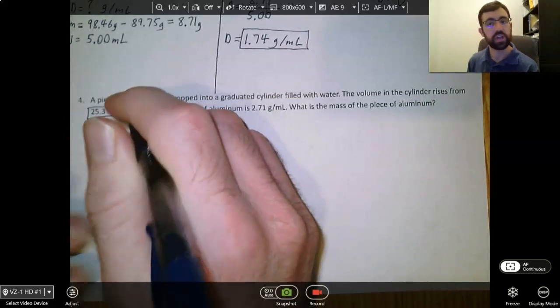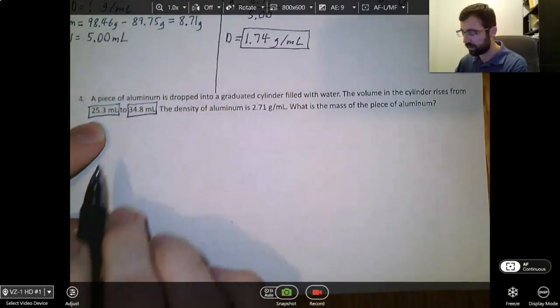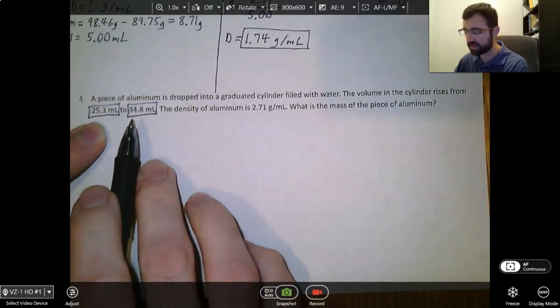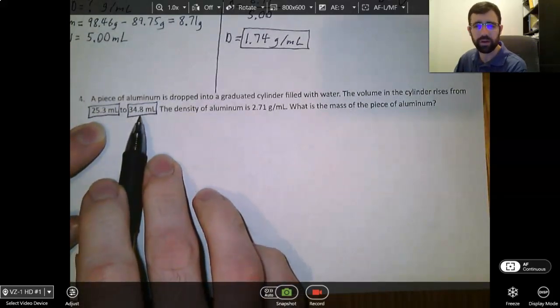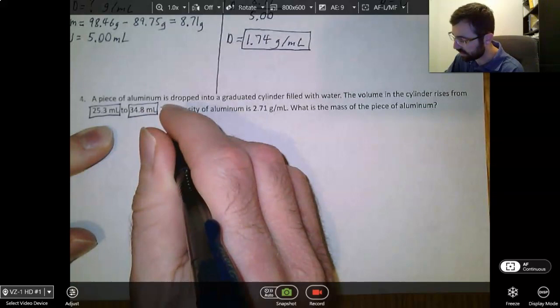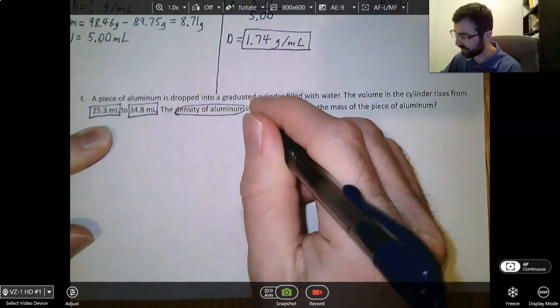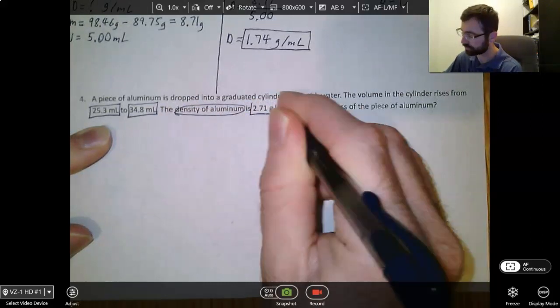So there's a change. We have that when we start, then we put the object in, and that's the new volume. If I want to know the volume of the object, I would subtract these two numbers. Tells us the density of aluminum is 2.71 grams per milliliter.